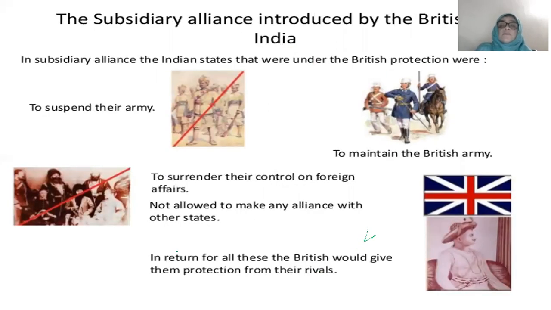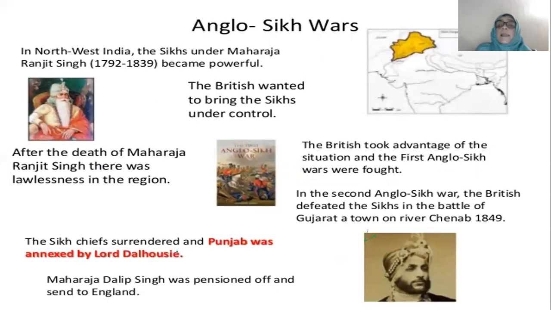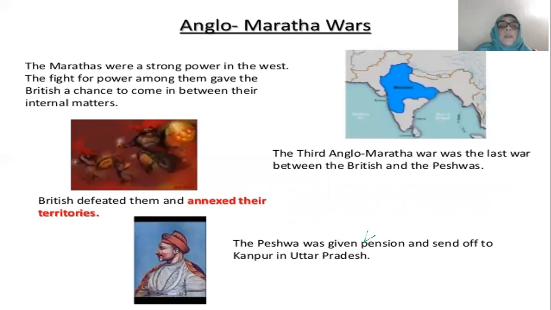Subsidiary alliances, 4 mark. Who was Tipu Sultan? 4 mark. Anglo-Sikh Wars. What was the second Anglo-Sikh War? Then you can come to who was Maharaja Dilip Singh? 4 mark. Anglo-Maratha War. How was Punjab annexed?